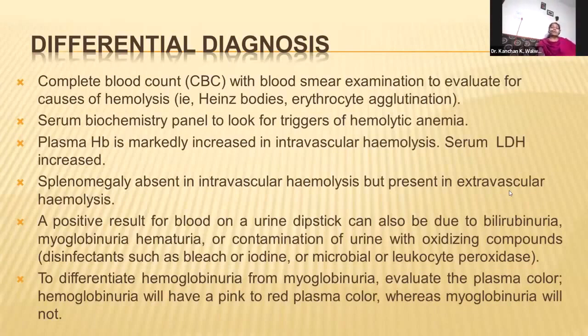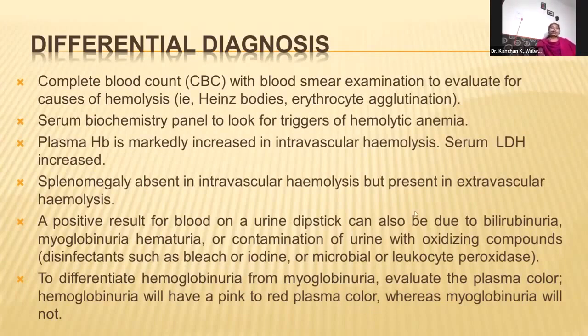Then you can also discriminate whether this is a regenerative anemia or a non-regenerative anemia. If you find more reticulocytes on the smear, then you can definitely say this is a regenerative anemia. Then a serum biochemistry panel can also be tried. You can go for liver function tests and kidney function tests.